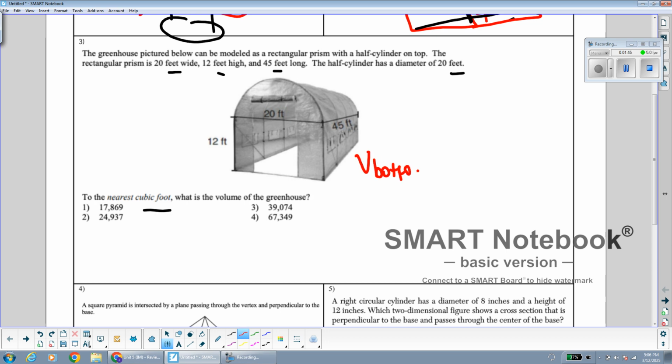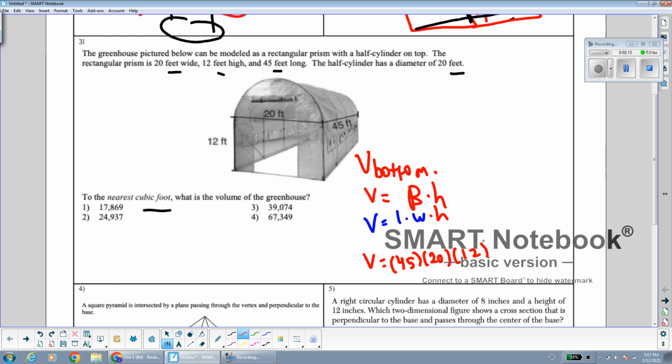So I'm going to start with the bottom. The volume of the bottom is a rectangular prism, so that's going to be capital B times H. The area of a rectangle is length times width, so it is length times width times the height of the entire prism. So here I have 45, and this is all feet, so I don't have to be concerned about units here. 12 and 20.